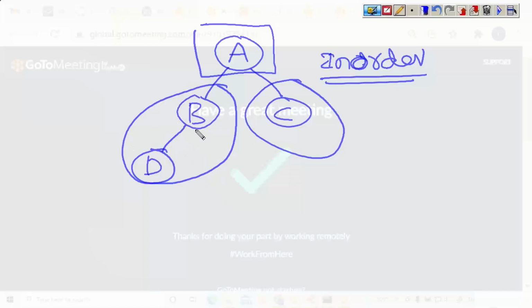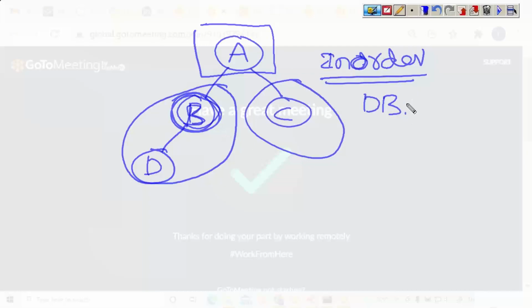In the left side, this is B, and the same applies for children. For B, first the left side child, then B, then the right side child. The right side child is not there. So the left is D, then B. The left side has completely got over for A.